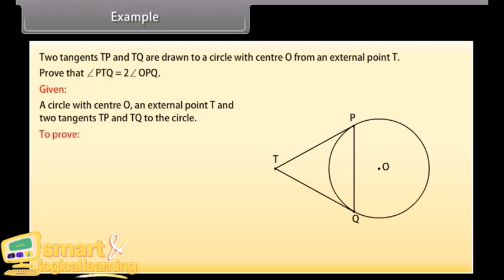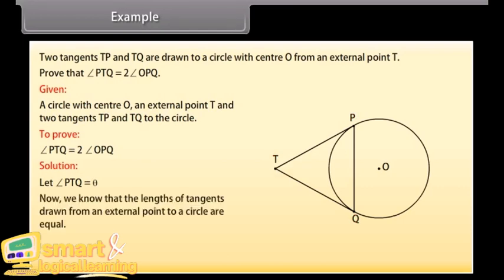We need to prove that angle PTQ is equal to 2 angle OPQ. Let angle PTQ be theta. Now from the theorem of tangents we know that the lengths of tangents drawn from an external point to a circle are equal. Therefore, TP is equal to TQ. So, TPQ is an isosceles triangle.